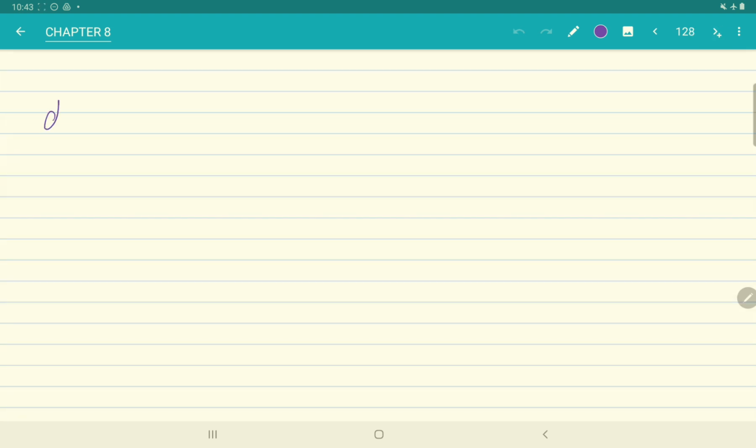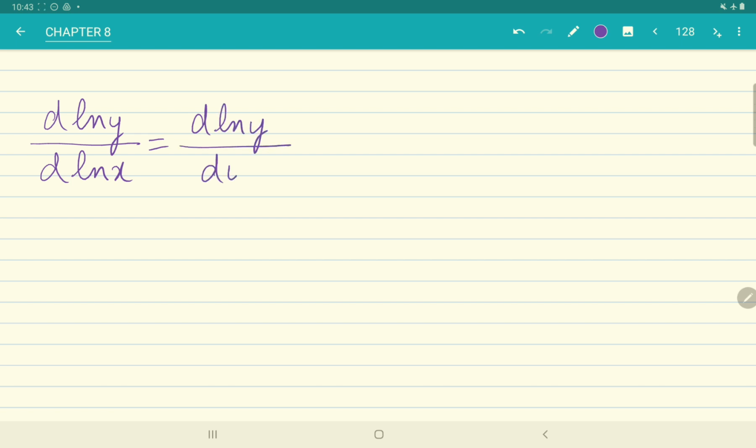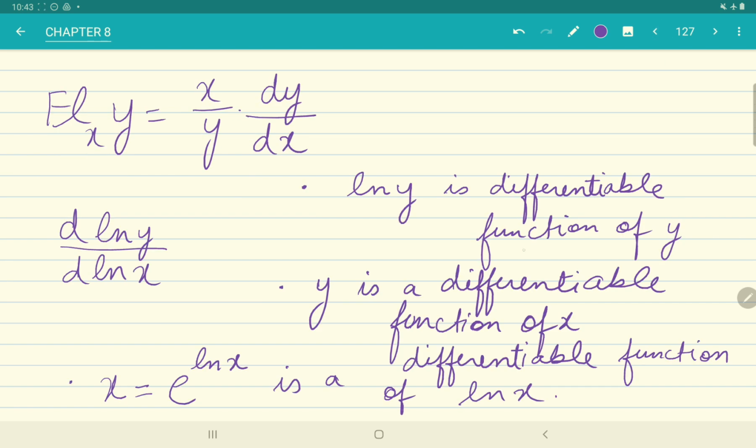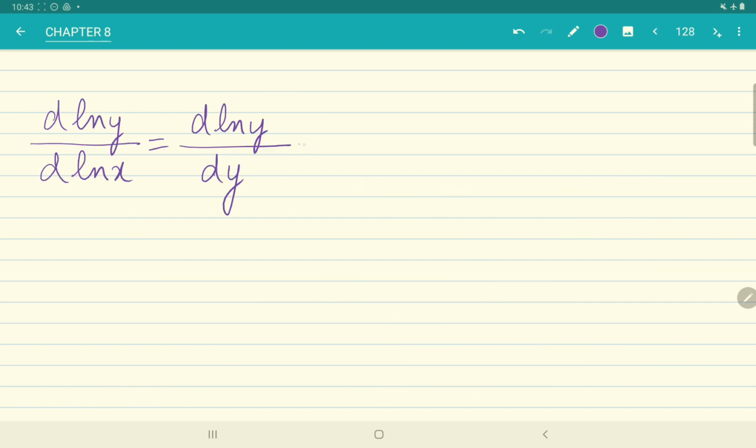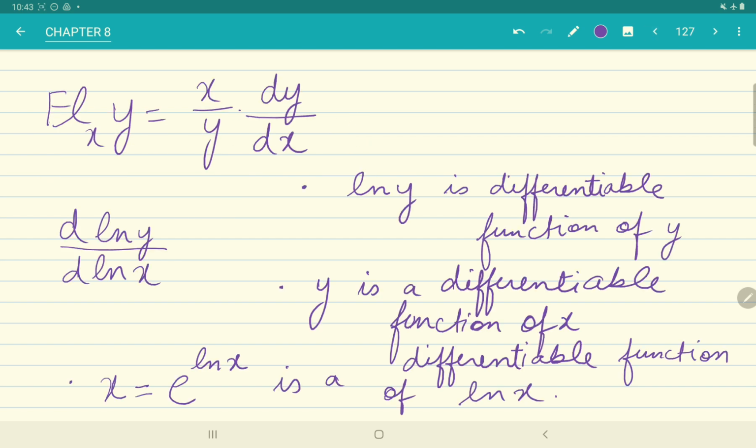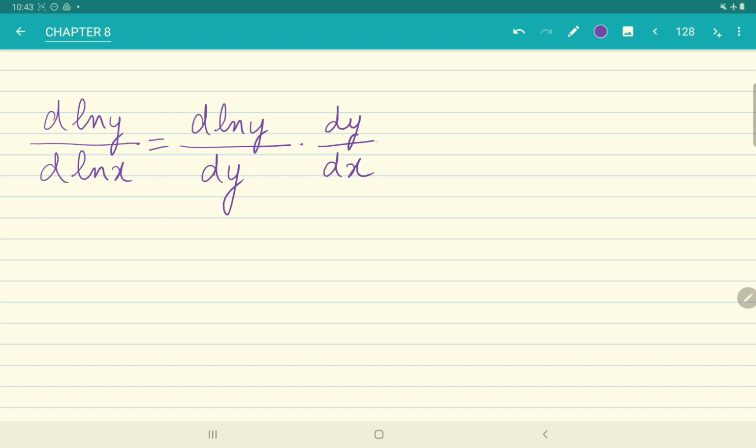And now I can apply the chain rule, and for that I can write d ln y by d ln x, which can be written as d ln y by dy, because I know that ln y is a differentiable function of y. Then I can multiply it by dy by dx, because I know that y is a differentiable function of x, and then I know that x is a differentiable function of ln x. So I can then write dx by d ln x.